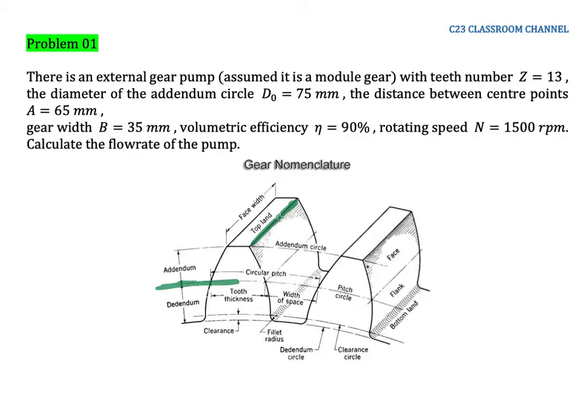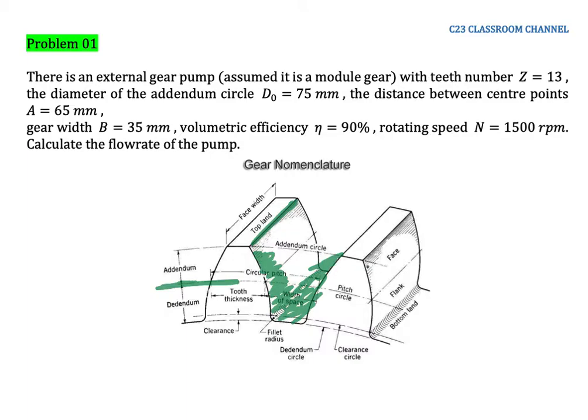So the idea of gear pump and lobe pump here is that they transfer using the idea of volume. It means that we need to calculate the volume of liquid that will be trapped into this gear. So this is the main idea.